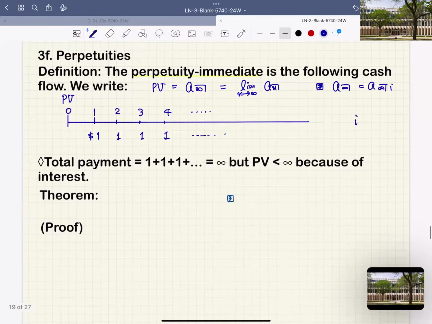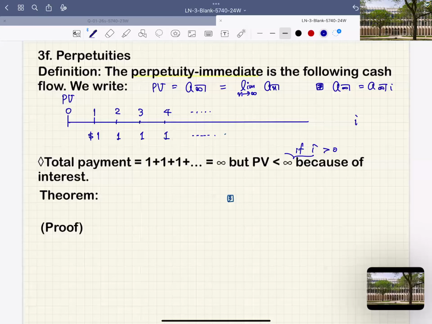The total payment amount is 1 plus 1 plus 1 plus, so we add infinitely many ones. So that is infinity. But the present value is finite if i is finite, if i is positive.